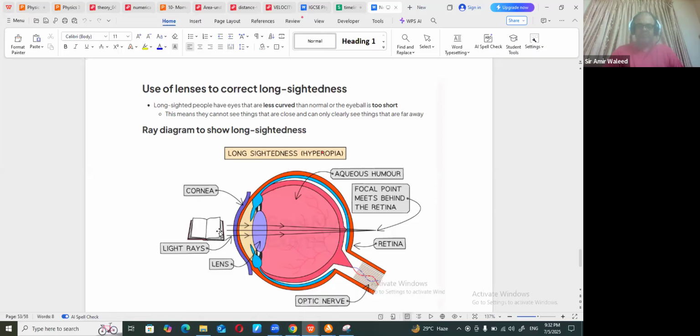You can see that light rays are coming here, but rather than meeting at the retina, they are meeting behind the retina, due to which the image formed is not as exact as it should be. That defect is also called hyperopia.